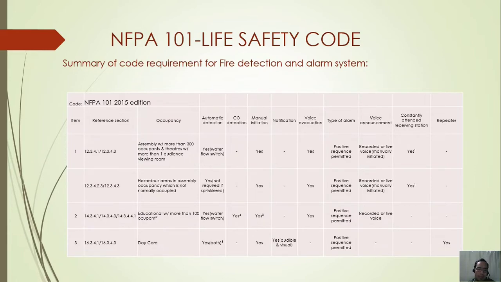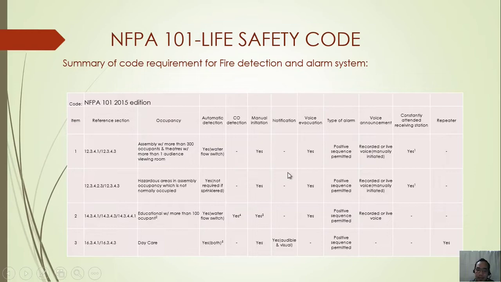Those areas are required to have a fire alarm, or if not, if it's also sprinklered, because sometimes designers avoid using the sprinkler inside the electrical room, even if it's permitted. So if it's not sprinklered, then you have to have a fire detector. If it's sprinklered, then you don't need any fire detection anymore.